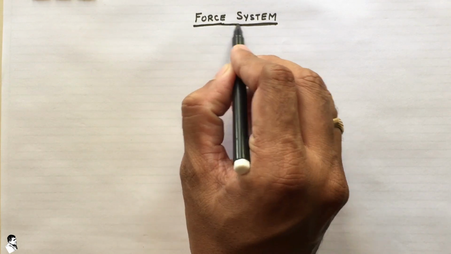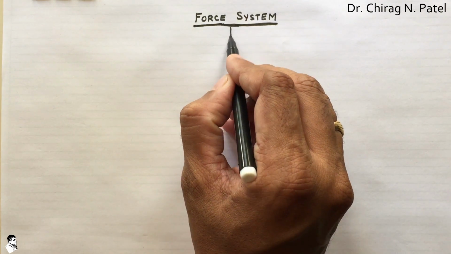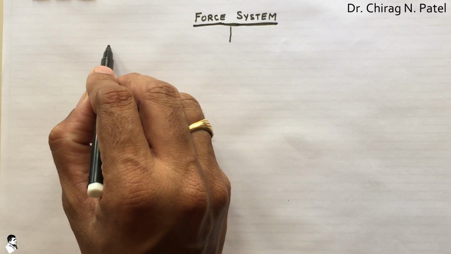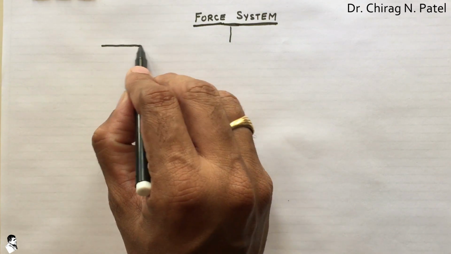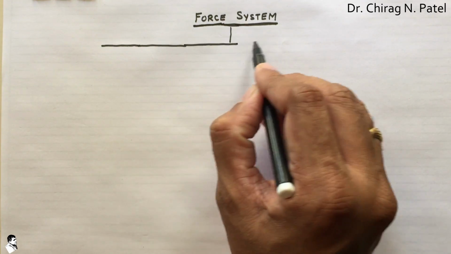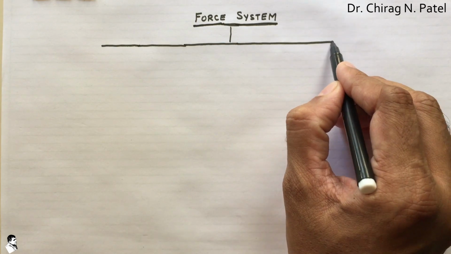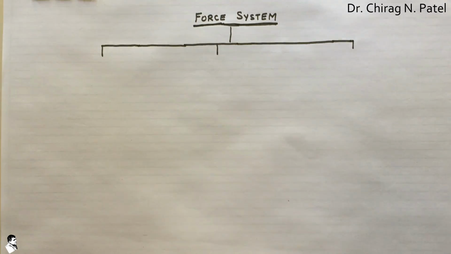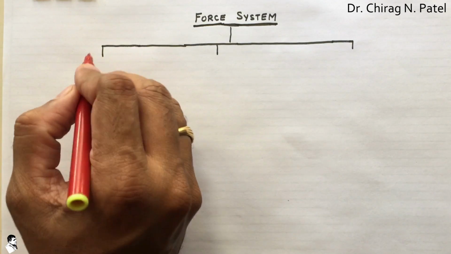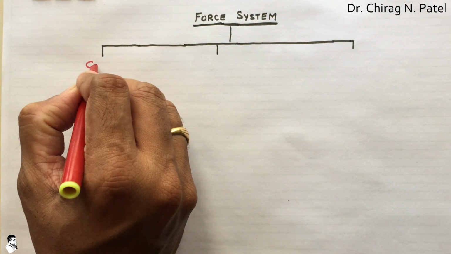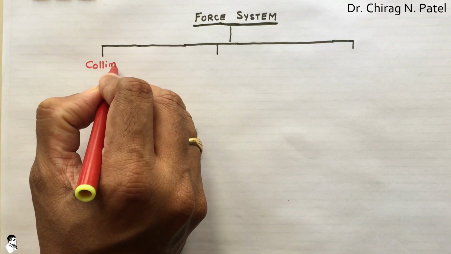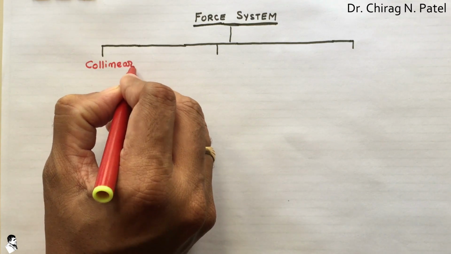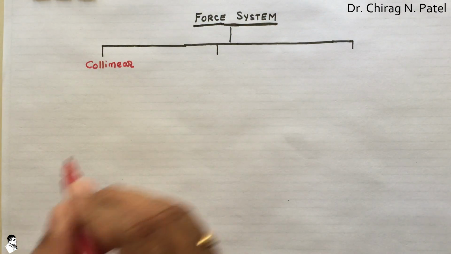If we take a force system, there are three main, or you can say basic, categories of a force system. Number one is collinear force system. We write down collinear.